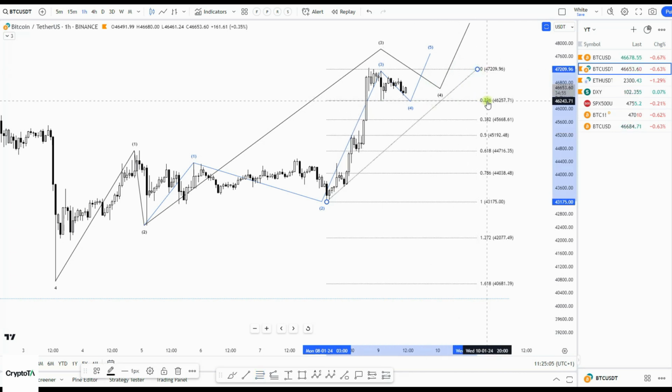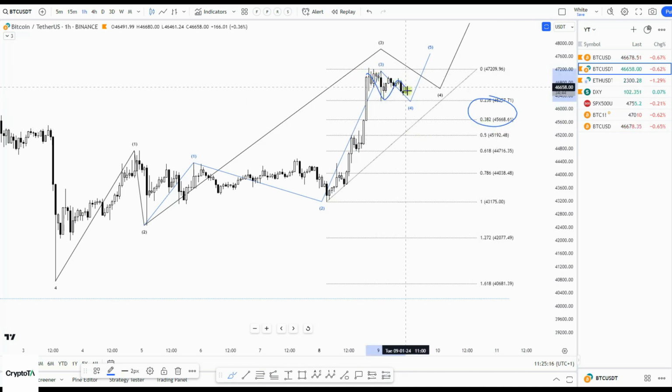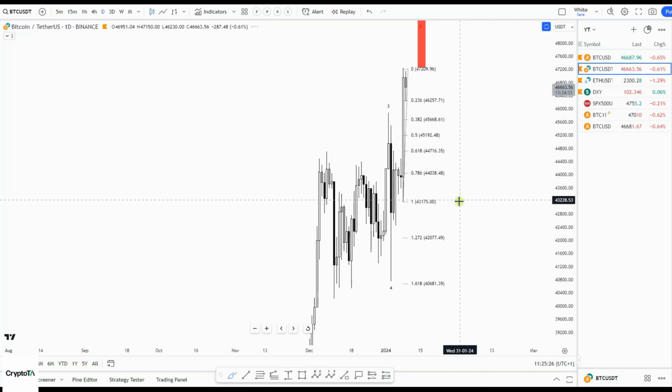We already reached the 236. A leg number 4 is usually going into this area, 236, 382. So if we go a little bit lower and make that move to 46,000, we are still in that area. So very well possible, or we already break out here and then go for that red box.